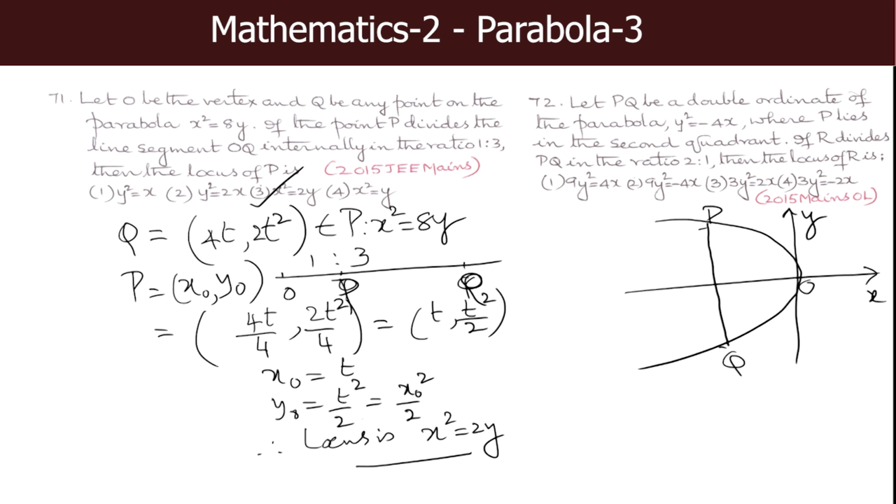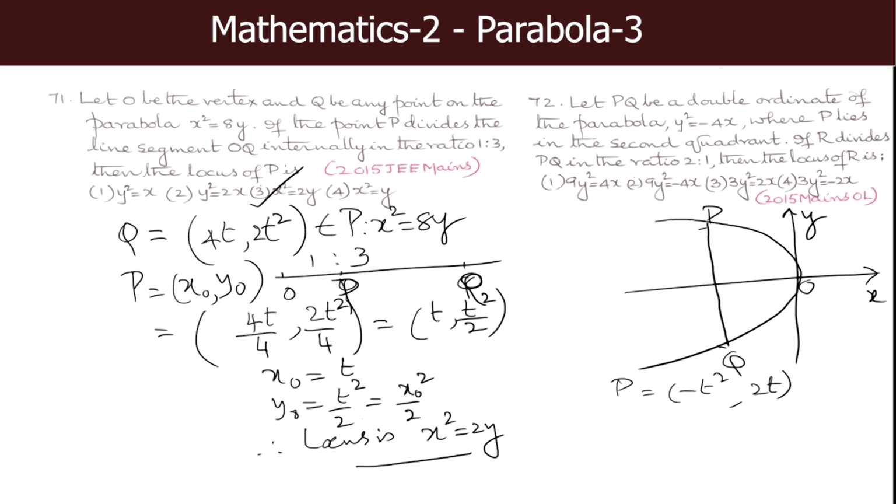A point on the parabola y square equal to 4x is (at square, 2at), but here the x coordinate is negative, so it is (minus t square, 2t).